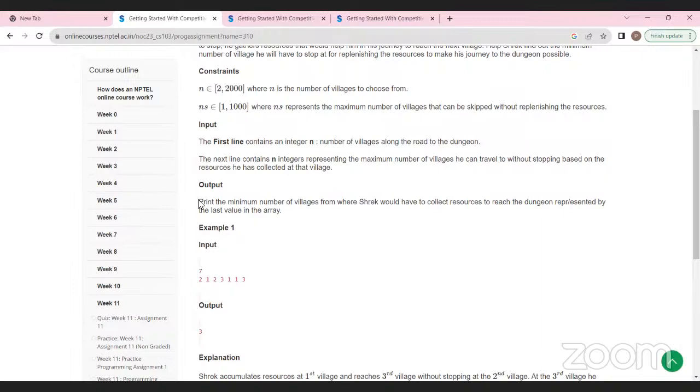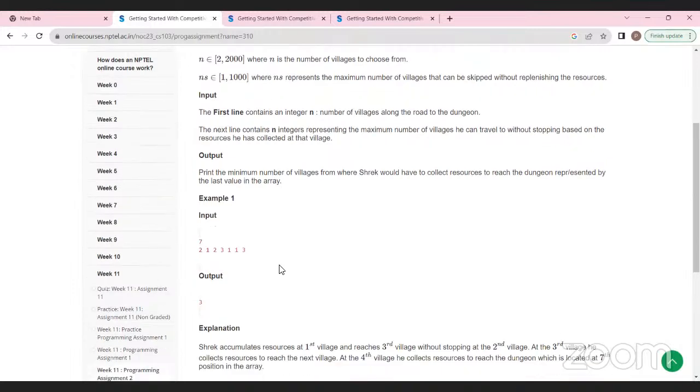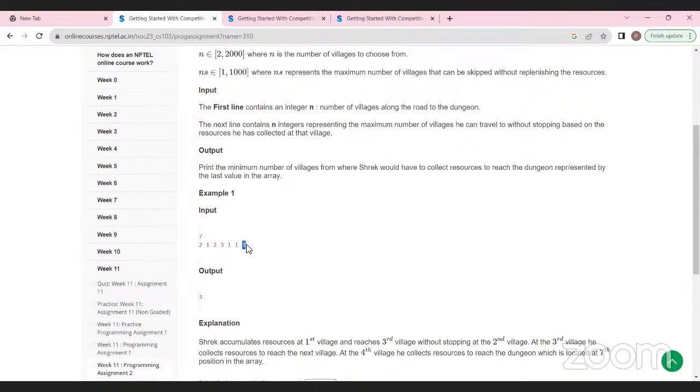What you have to do is print the minimum number of villages from where Shrek would have to collect resources to reach the dungeon, represented by the last value in the array. So this value is basically a placeholder, not necessarily a value itself.